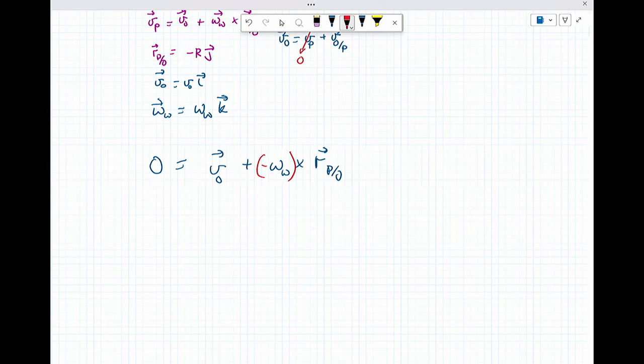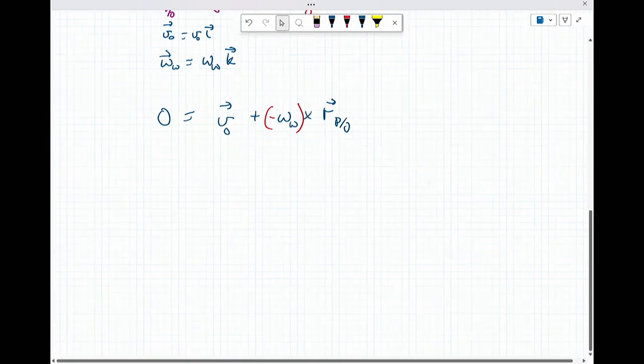But had I substituted in a positive counterclockwise as my guess, you'll see that this will sort of work out.